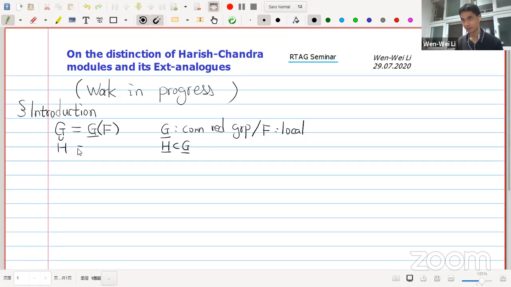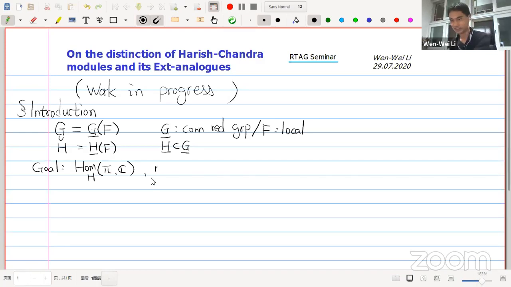The basic problem of so-called distinction of representations is to study the Hom space, Hom_H(pi, C), or maybe there are some more general frameworks.